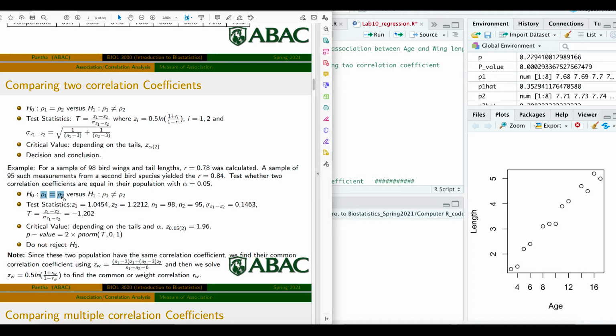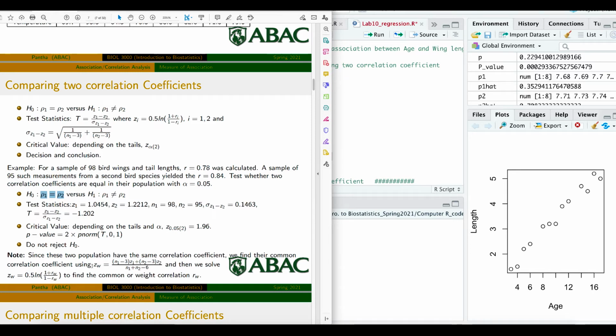So if you combine those two populations together, for example, let's say population 1, population 2, population 3, population 4, and you combine them, then you see the correlation coefficient in the combined format.